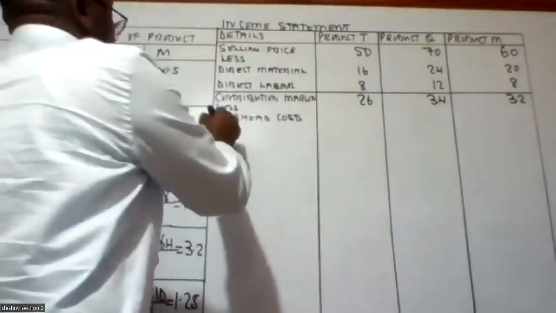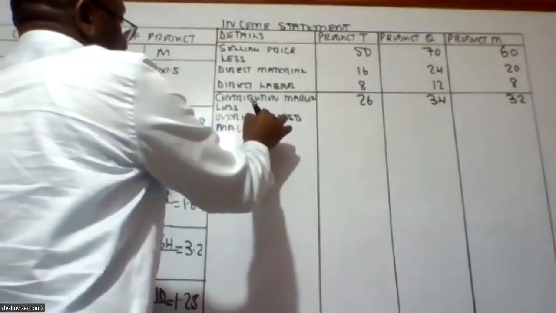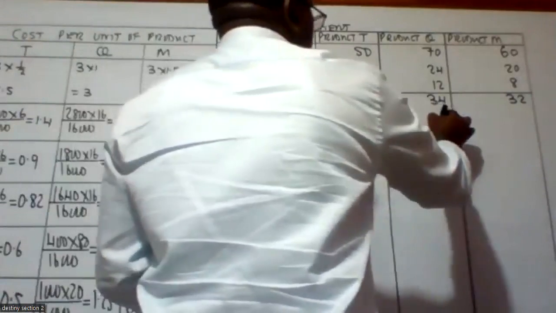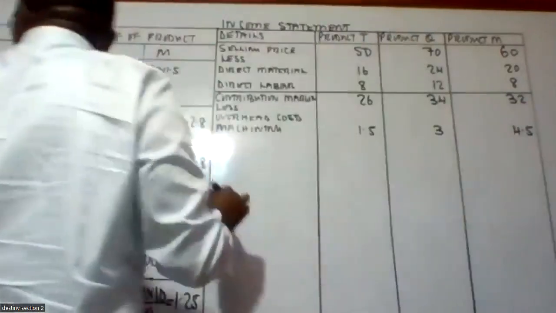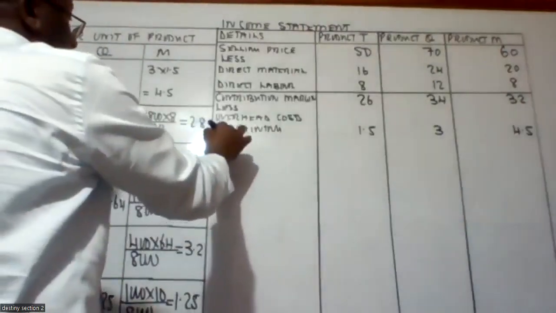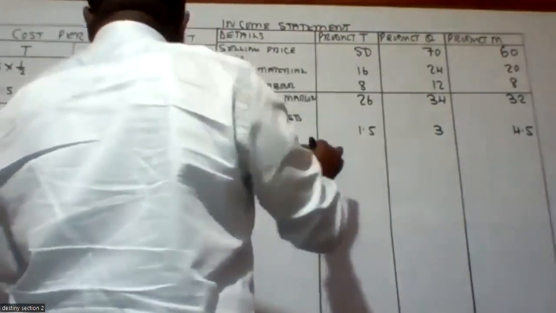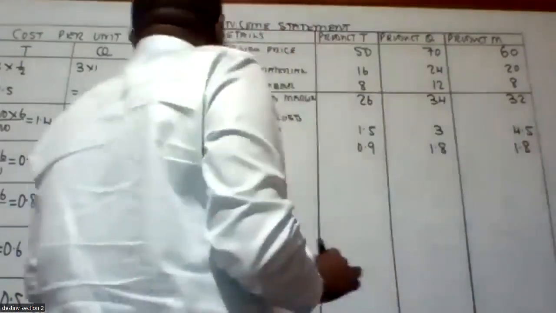Starting with machining, according to our working, we had 1.5, 3, and 4.5. Then setup, we have 0.9, 1.8, and 1.8.